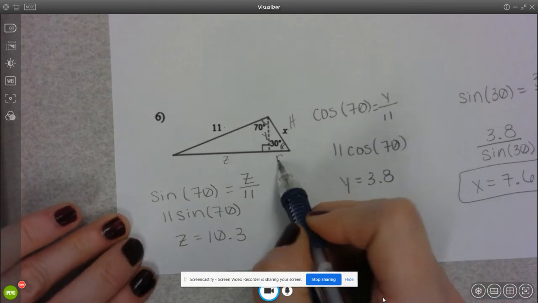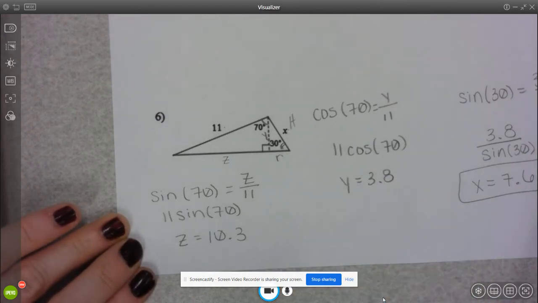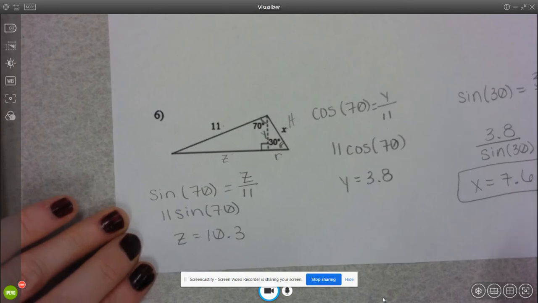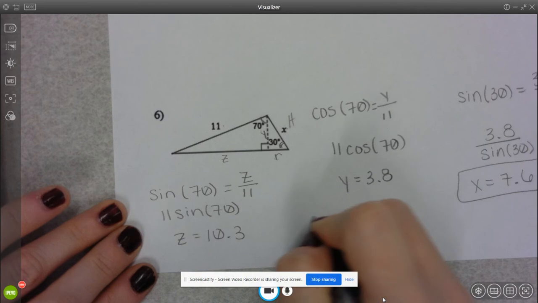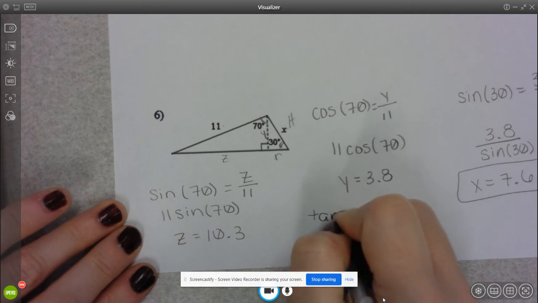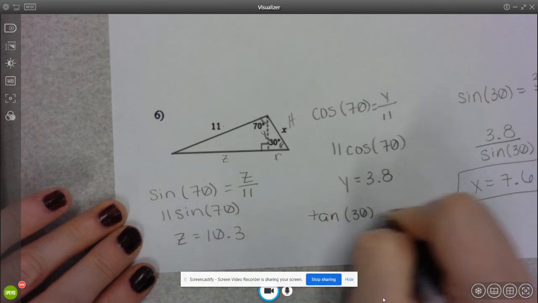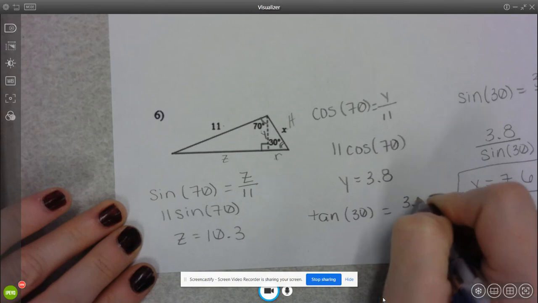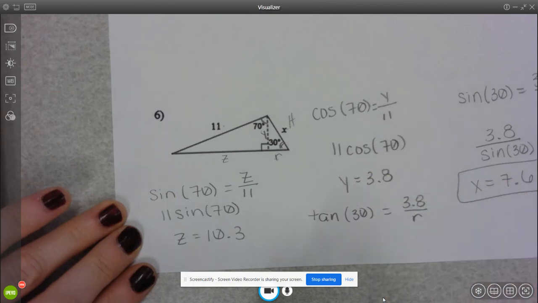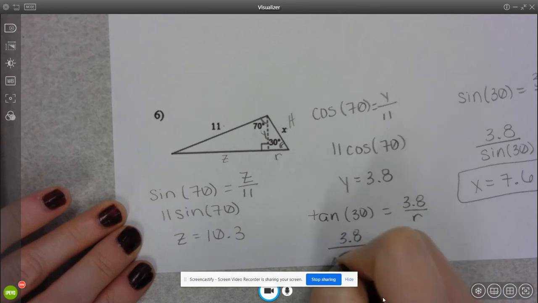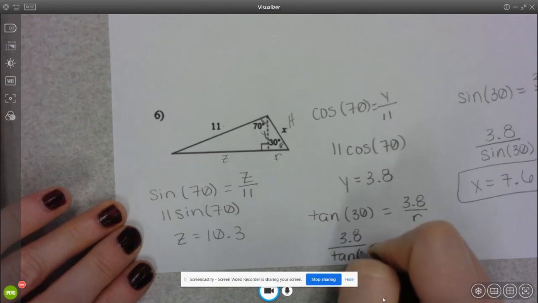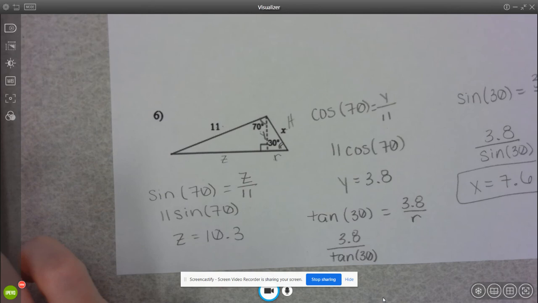Here, I've got adjacent and hypotenuse. You could also use y to find r and do tangent. Let's do that. So tangent of 30 is opposite over adjacent. Switch those two. I'm going to do 3.8 divided by the tangent of 30.